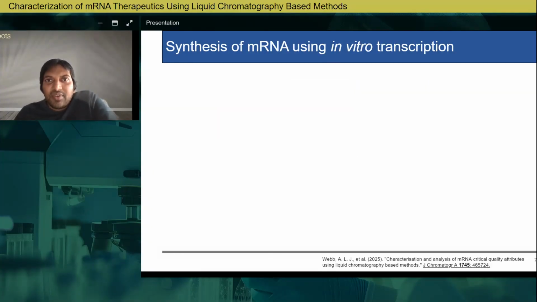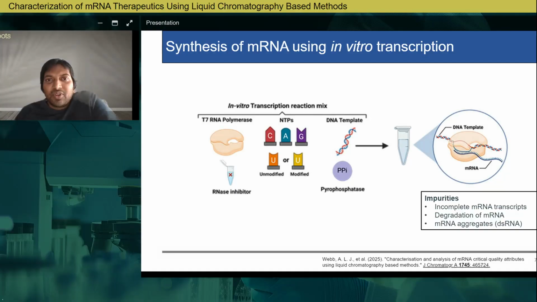So the synthesis of mRNA is normally through an in vitro transcription process. The in vitro transcription process is a mixture of a T7 RNA polymerase with your nucleotides and a DNA template. The DNA template has your specific gene of interest, which the polymerase uses to generate the mRNA, and you provide different types of dNTPs and NTPs, which are modified and unmodified.